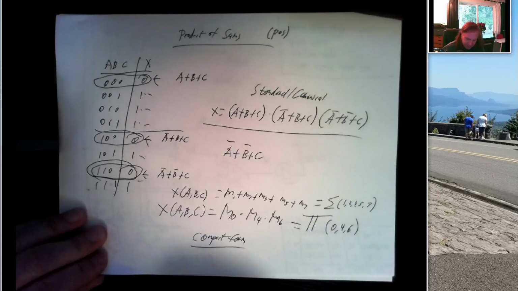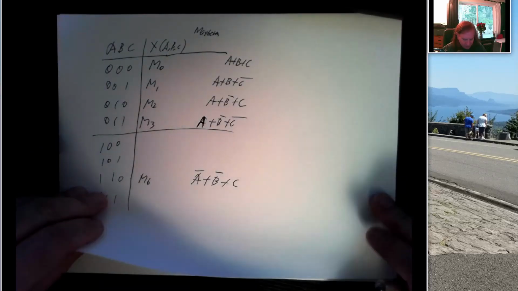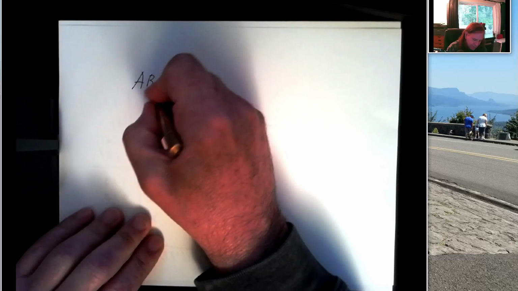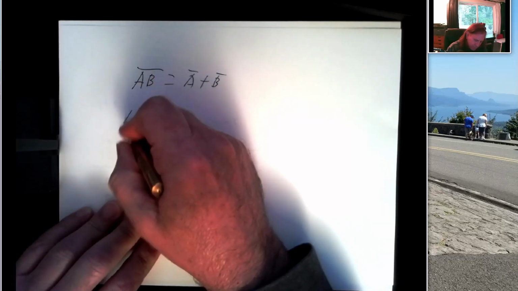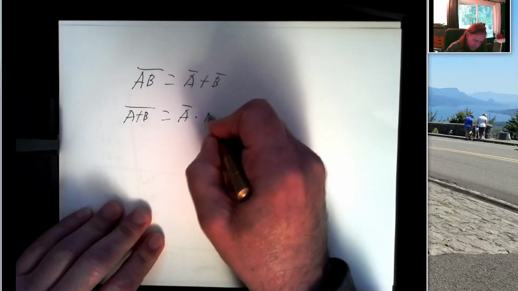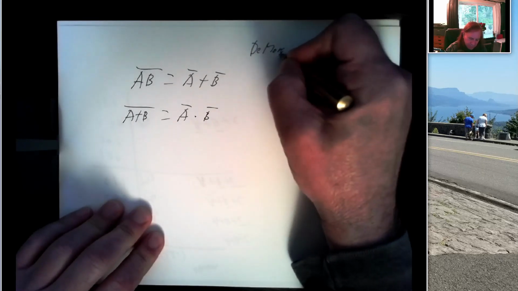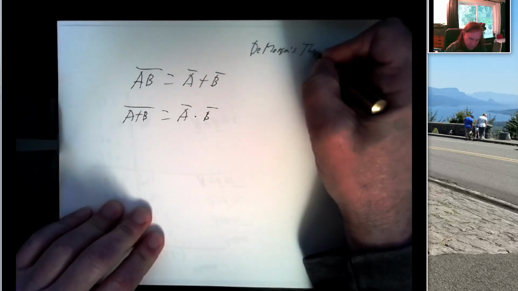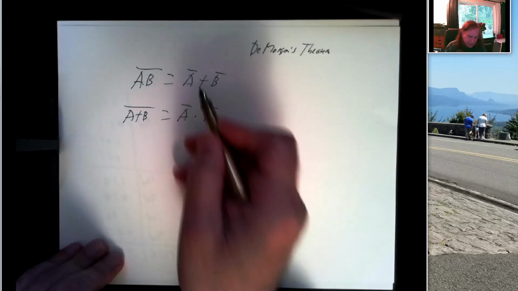and expanding some expressions. De Morgan's theorem, if you don't remember, basically says this. That's De Morgan's theorem. And it's a way to switch between products and sums.